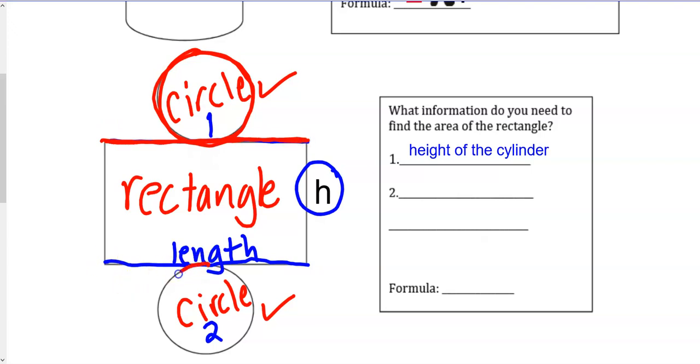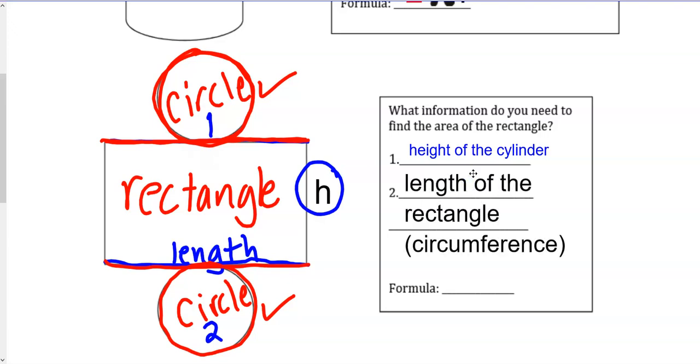The circumference of this circle, the distance around the circle, is going to be equivalent to the length of the rectangle. So the second thing that we need to know to find the area of the rectangle, besides the height, is the length of the rectangle. The length of the rectangle is the circumference of the base, or of the circle.